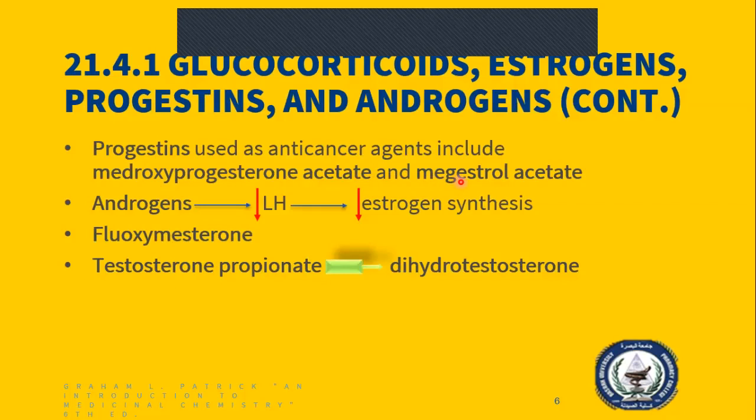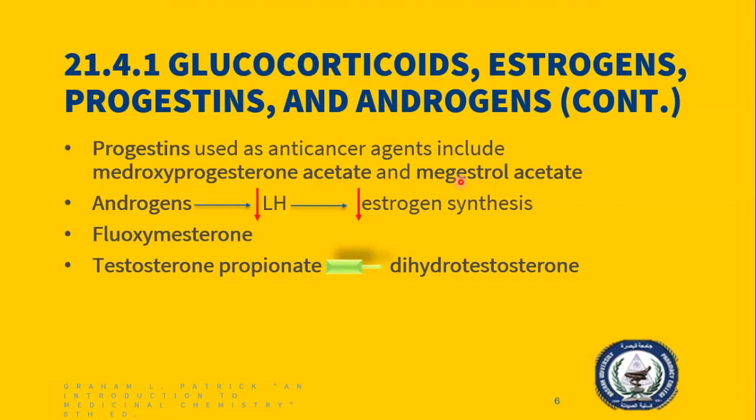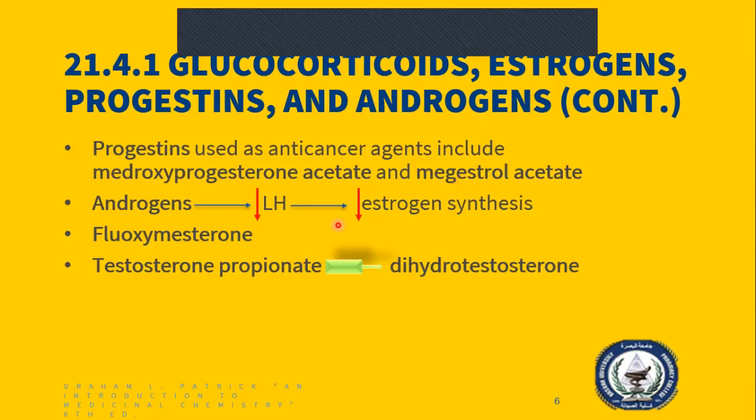I'm not going to go in depth about what the hormones do and how they exert their effects. I think you already studied the hormones. Most of them exert their effect by negative feedback. Not all of them, but most of them.